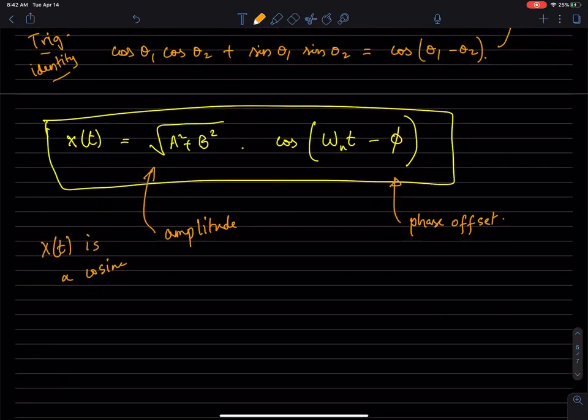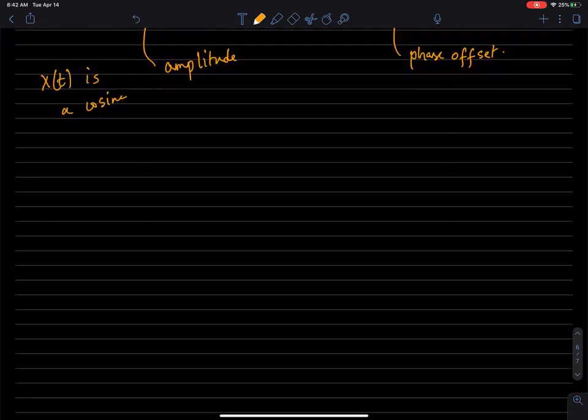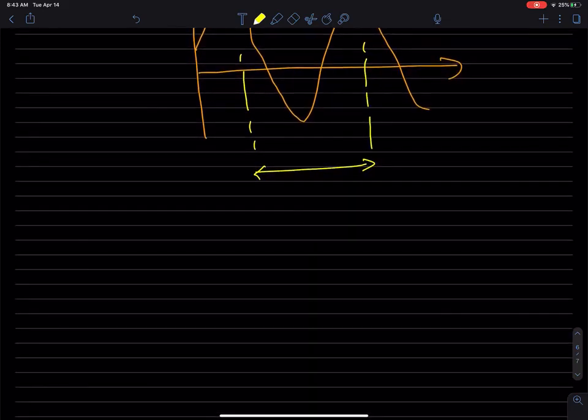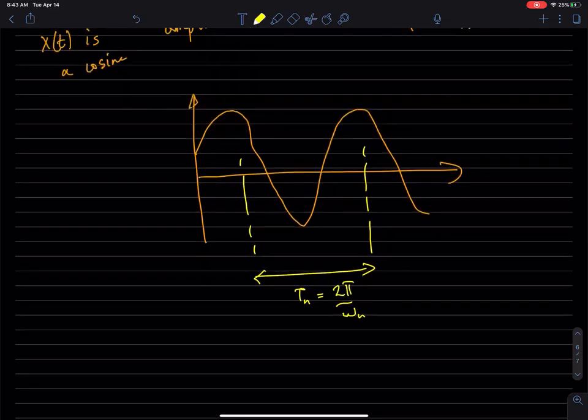If you have x of t, a cosine omega t plus b sine omega t, then it turns out we have some cosine or sine looking curve like so, where the period Tn equals 2 pi by omega n.